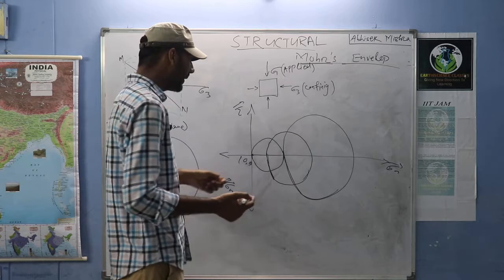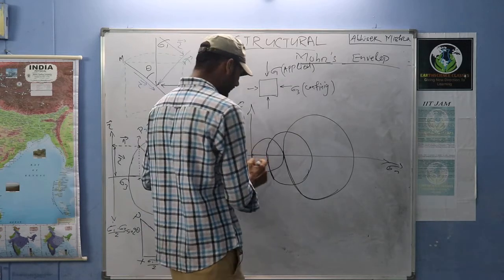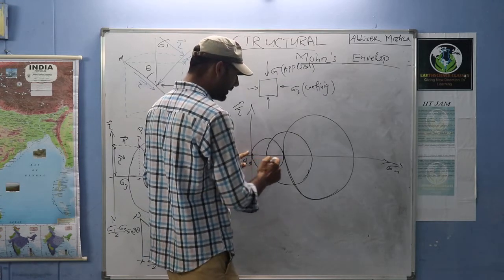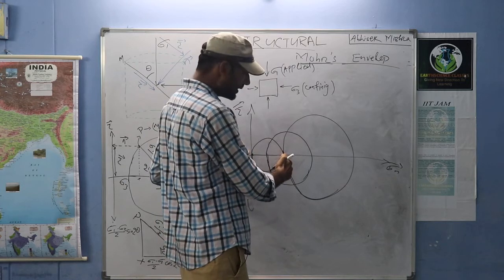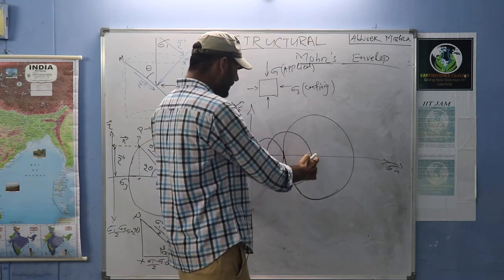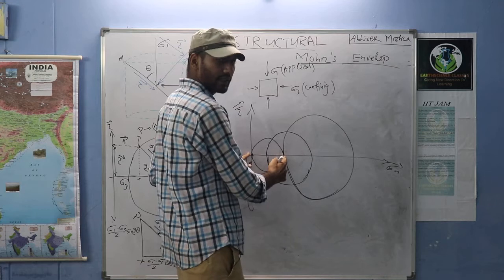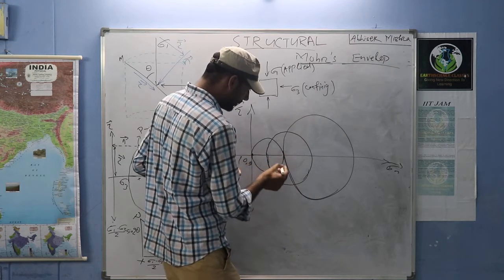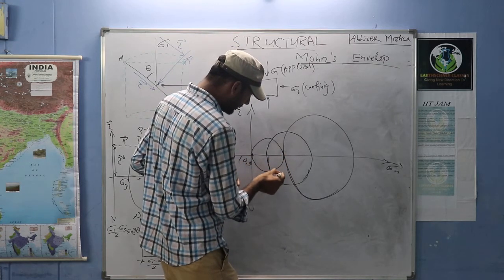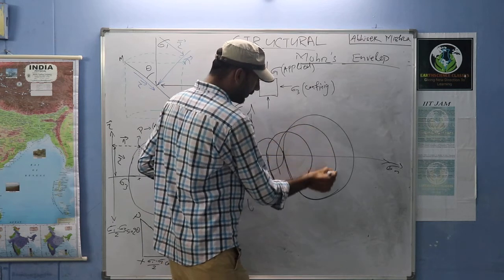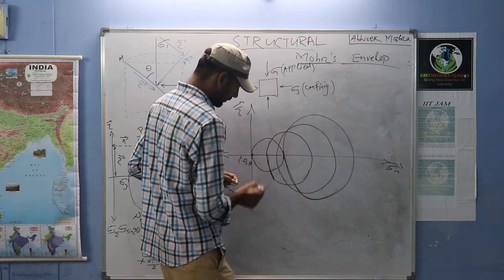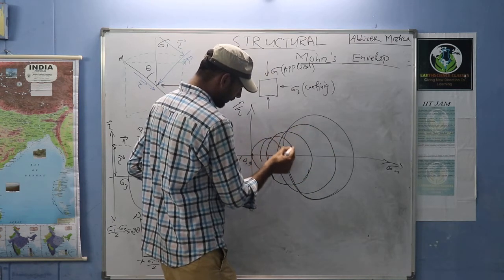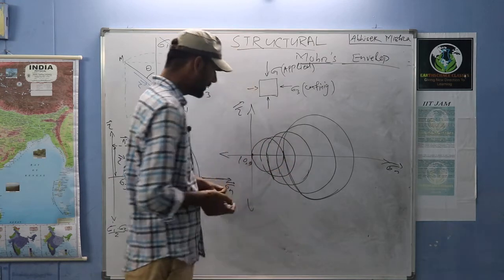That means if I am increasing this point sigma 3, you can see sigma 1 is increased as well as the diameter is also increased from the previous case. You can see, let's put one more circle here, like this.